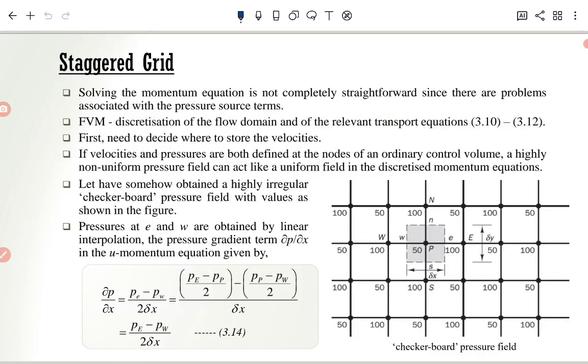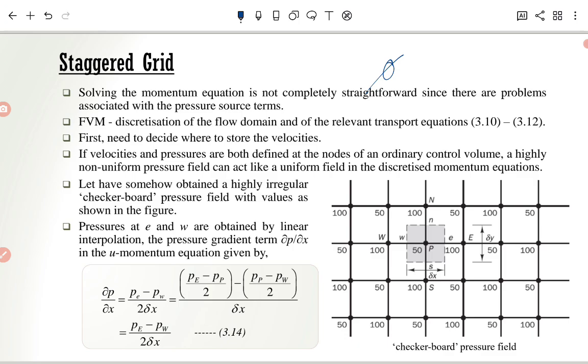Before we go to the SIMPLE algorithm, we need to be familiar with the staggered grid first. Basically, the solution procedure for the transport equation of general properties was developed in the previous chapter, and of course we use it to solve the momentum equation.